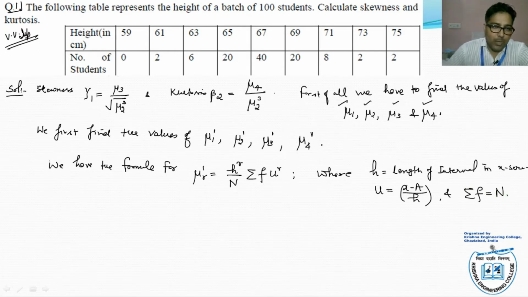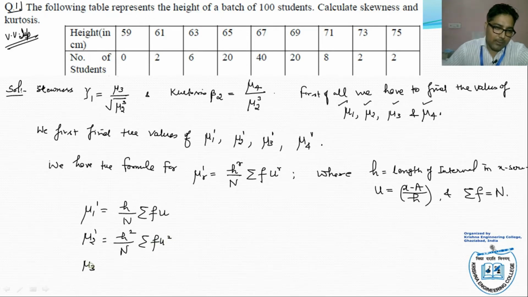Clear? So, mu 1 dash is equal to h upon n sigma fu. Mu 2 dash is equal to h square upon n sigma fu square.